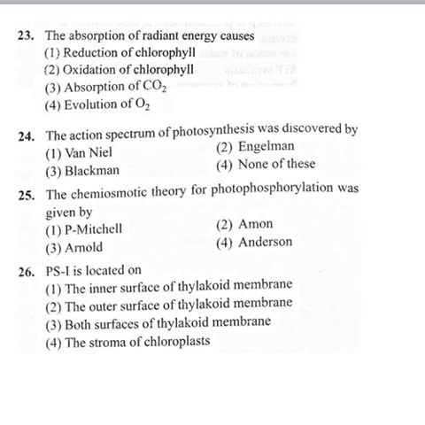So photosystem 1 is located on outer surface of thylakoid membrane. Photosystem 2 is located on inner surface of thylakoid membrane. So correct option is photosystem 1 is located on outer surface of thylakoid membrane.